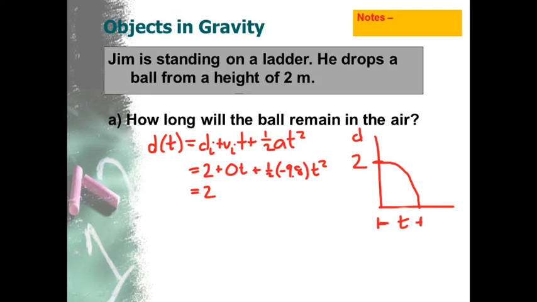So that's equal to 2. Now anything times 0 is just 0, so I can set that equal to 0 and not worry about it. 2 plus 1/2 times negative 9.8, that's equal to negative 4.9, times t squared. Okay, so that is the formula for displacement as a function of time. And if I were to graph displacement versus time, I would get this parabola.